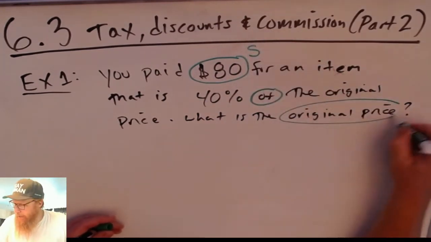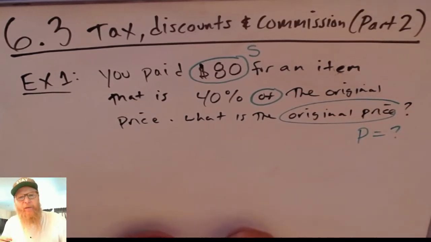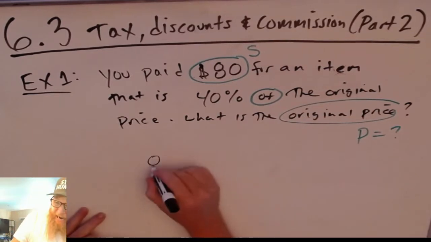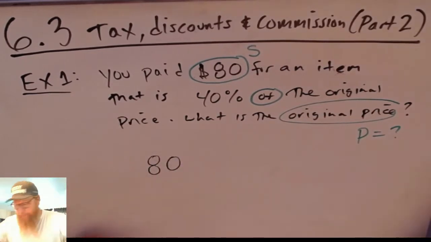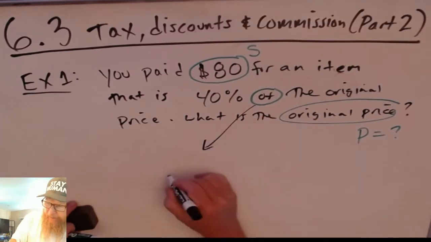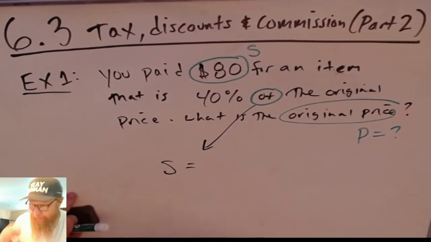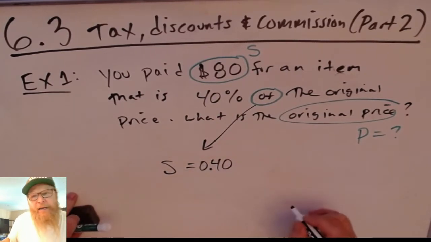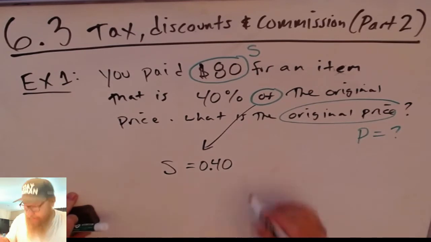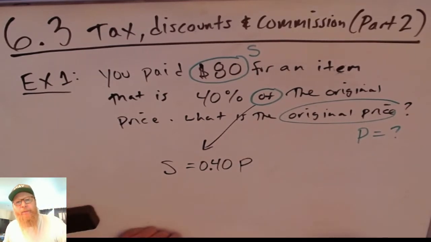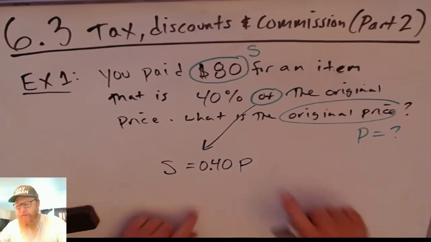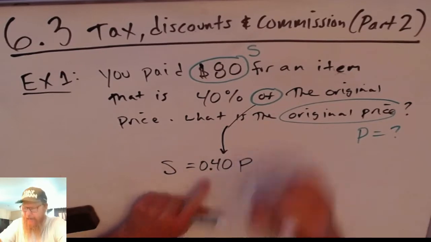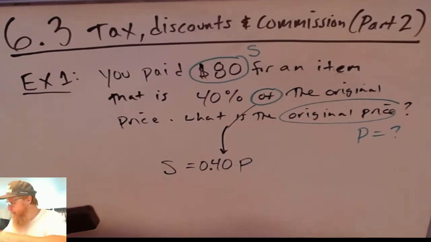All right, so 40% of. You paid S, that's the sale price. The original price is P, which we're looking for, that's our unknown. And then 40% of means, remember, let me write the formula. If it's of, then you want to say S is 40%, which is 0.40, or you could just put 0.4, times P. So 40% of the original price, so 40% times P. I don't really need to put a dot for times.